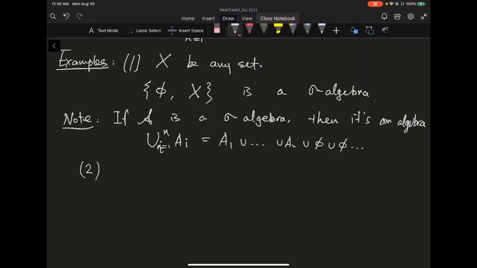The second example I'd like to take is the power set of X. So this is clearly a sigma algebra as well. Why is that? It contains every set, so it's certainly closed under all these operations. You take complements, you take unions, any way you like, you still get something that's a subset of X. So this is certainly another sigma algebra. This is also not so interesting.